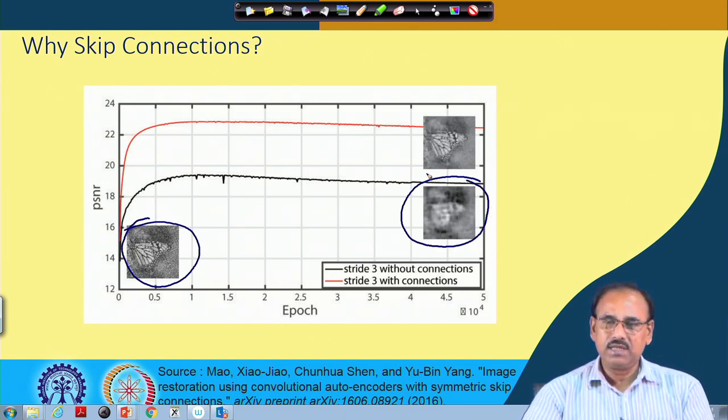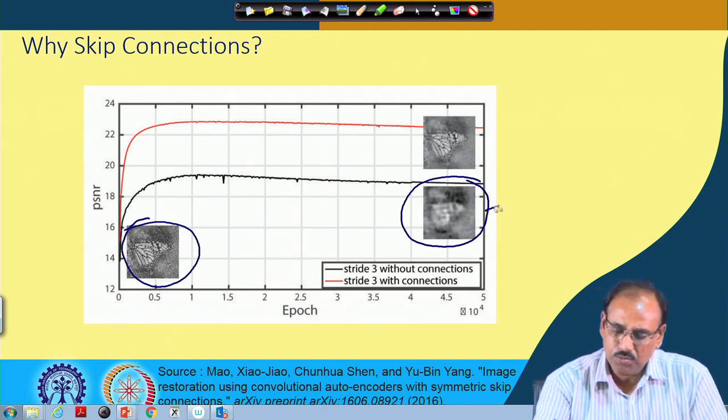As we said before, the skip connection actually feeds the detailed information of the image which is available in shallower layers of the convolution part to its counterpart deconvolution layer, so that when the deconvolution layer tries to restore the image to its original resolution, the detailed image information will also be available. And if I don't use such skip connections, this detailed image information will be lost. And that is what has been shown over here.